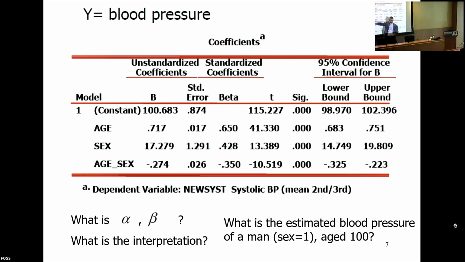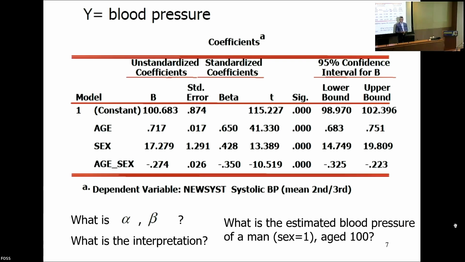I heard the constant. So the alpha is 100.683, which is the value of systolic blood pressure when age is equal to 0 and sex is equal to 0. I don't know whether age has been centered over here, but if age is equal to 0, that doesn't quite make sense.